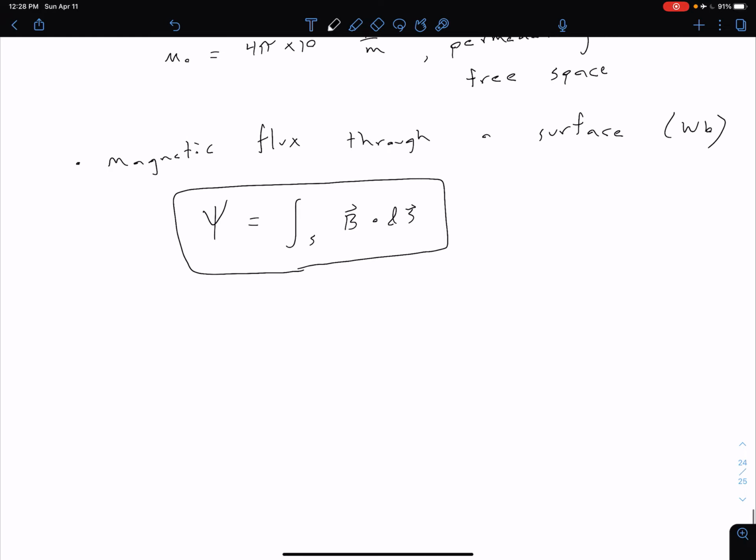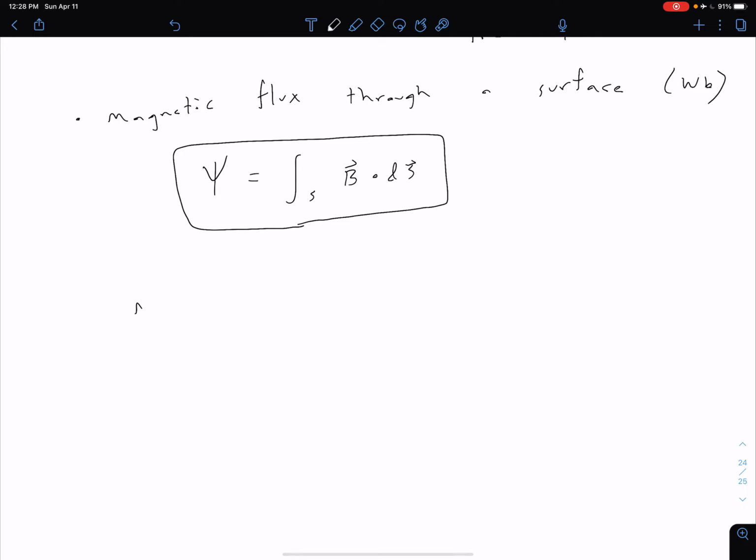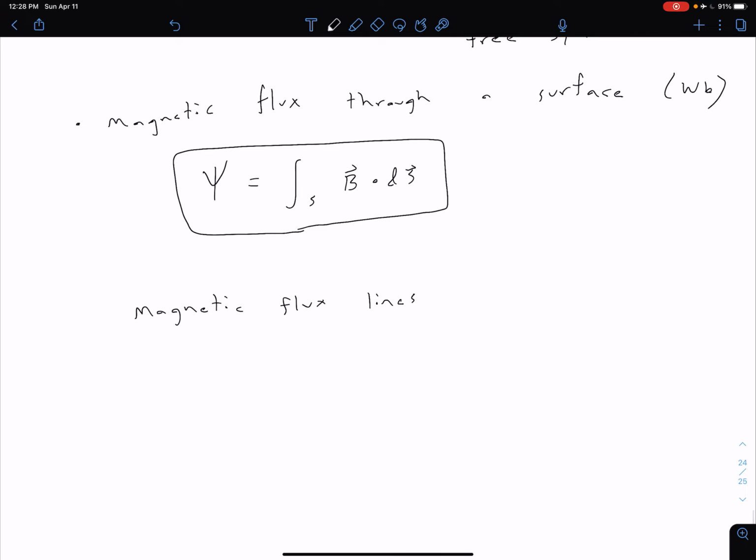So we can also define magnetic flux lines. As I said, we're jumping and covering a lot of different topics in this video. So let's next move on to our magnetic flux lines. We're going to come back and connect all of this together in a little bit. Of course, these are going to be similar to our electric flux lines, and what these are is just a path where our B or H is tangential at every point.